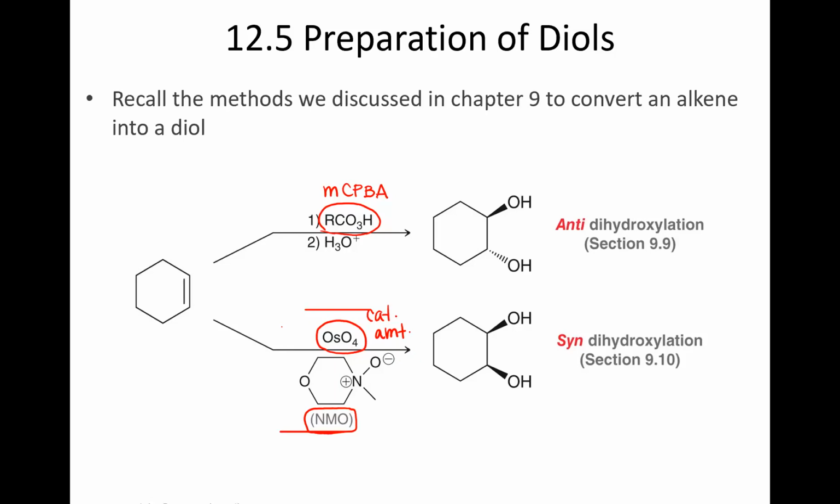And this reaction takes a specific type of workup, so sometimes you might see sodium bisulfite, which is a reductive workup, mentioned in the reagents for this reaction. Okay, let's look at the mechanism of these reactions.